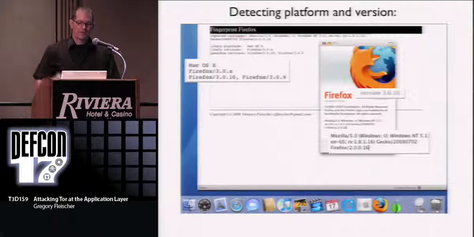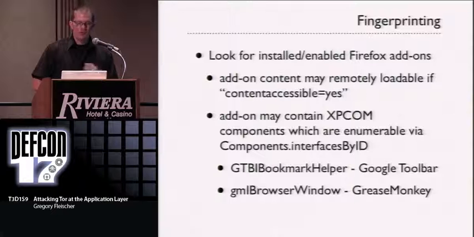So this allows us to unmask the real user information. I don't know how well you can see this, but this is looking at Mac OS X, and Firefox is claiming that this is Windows 2.0.16, but it's actually 3.0.10 on Mac OS X.